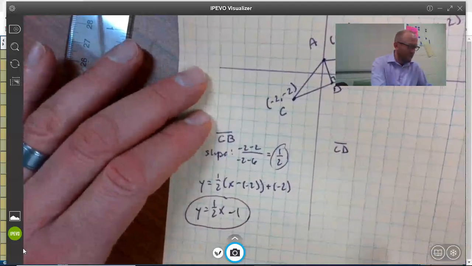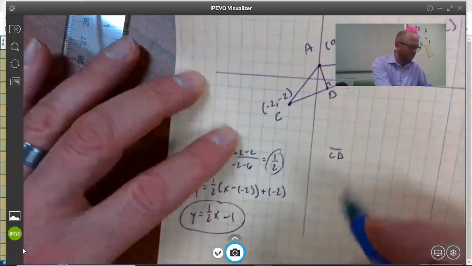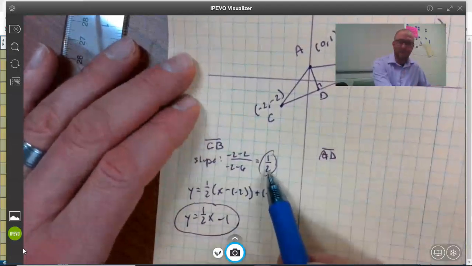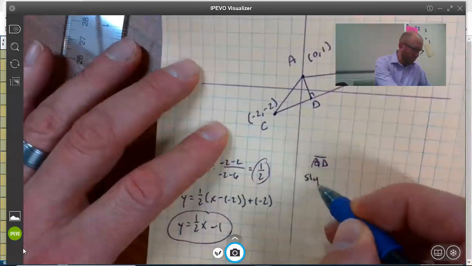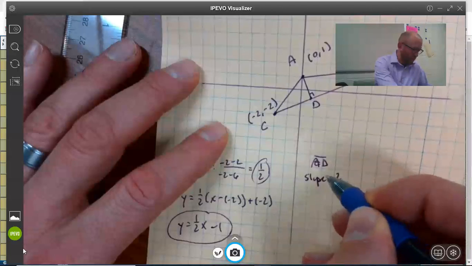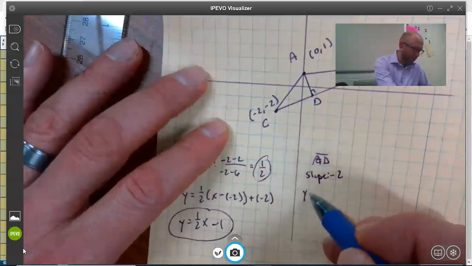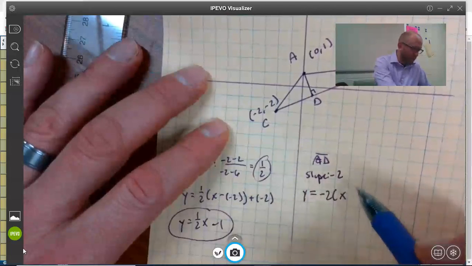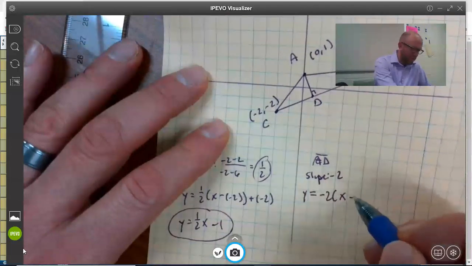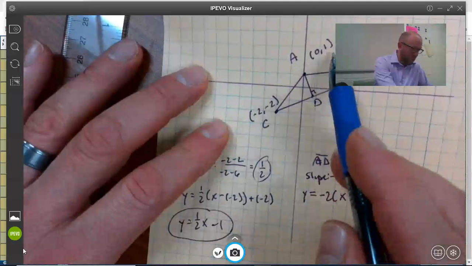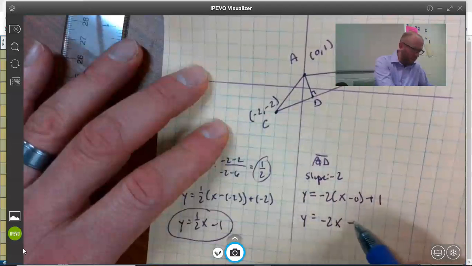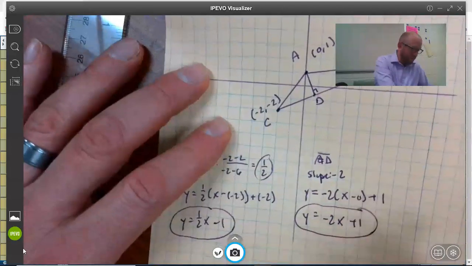Now for AD, the slope will be the negative reciprocal of this one. So slope is -2. Our equation is y equals -2x minus 0 plus 1, so y equals -2x plus 1.